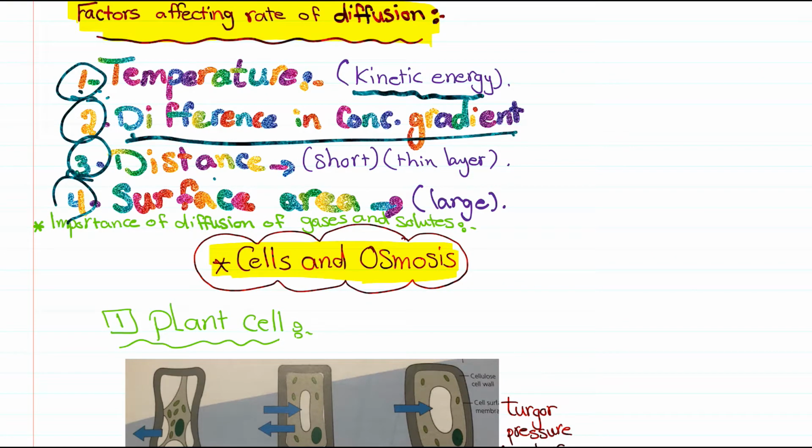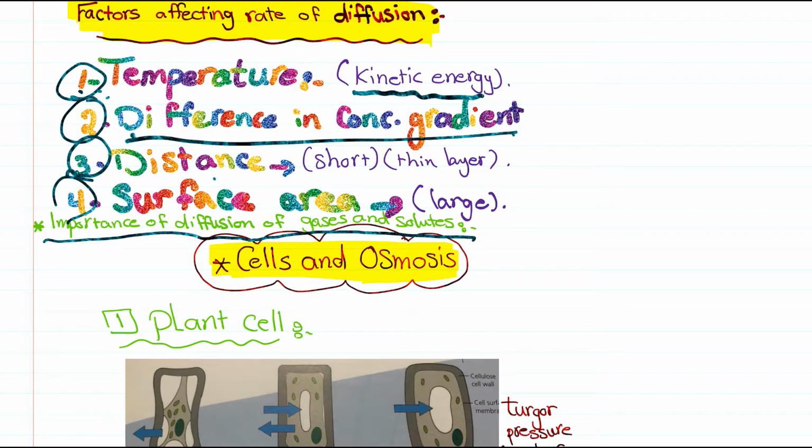Next, the importance of diffusion of gases and solutes. In our life we have different examples that depend on diffusion. For example, the carbon dioxide found in the air diffuses into the leaf for photosynthesis.